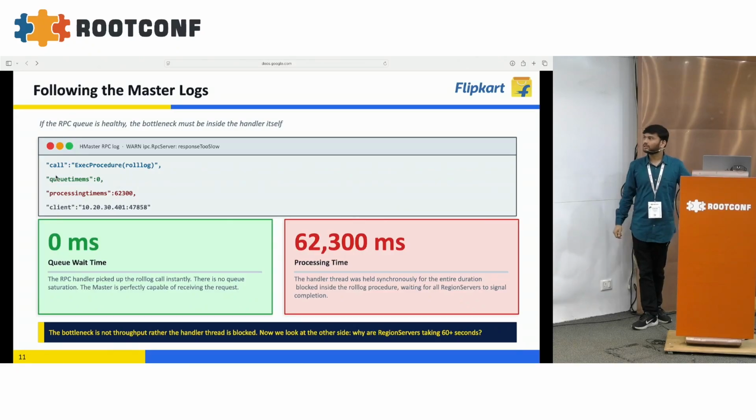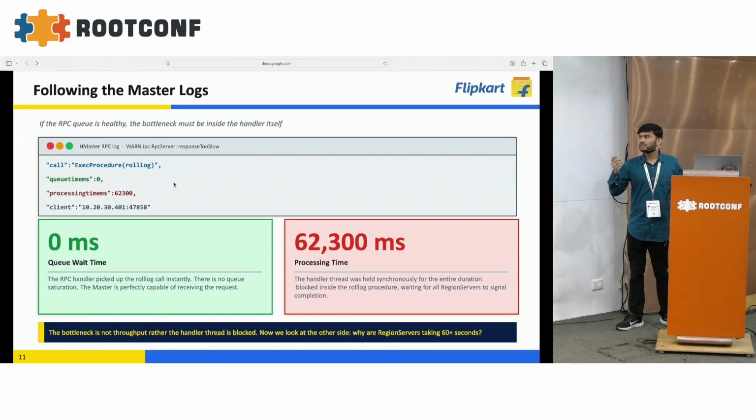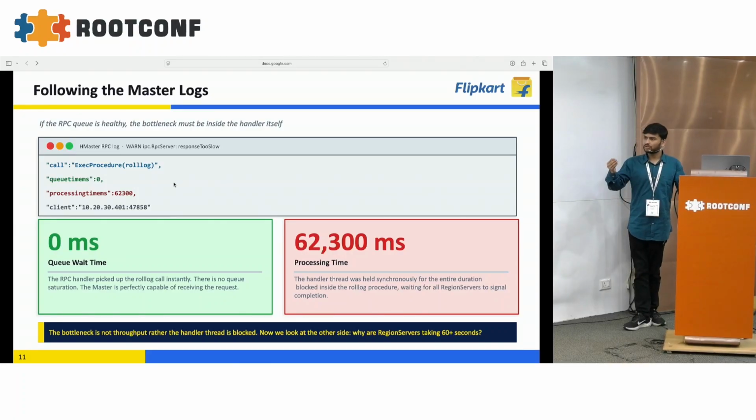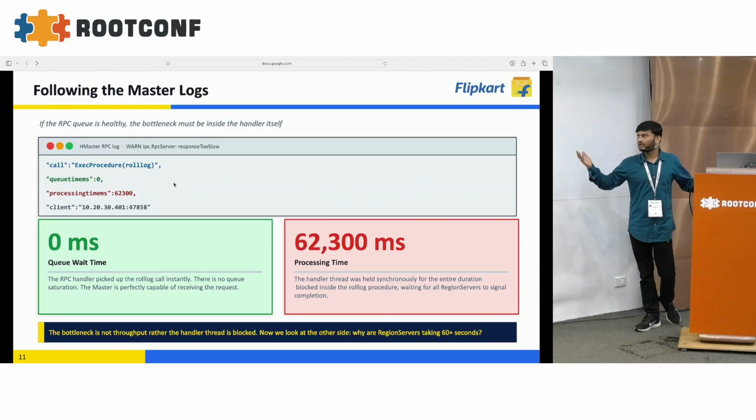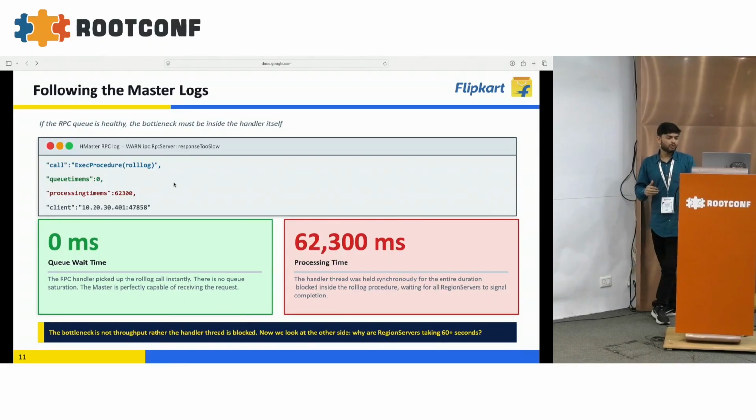It was telling us that the queue time was 0, but the processing time was still high. So what does it tell us? It tells us that the system in itself is not slow, because it is not spending time in the queue. It is spending time in its own execution. That means the particular task in itself is slow, right? So what to do next?